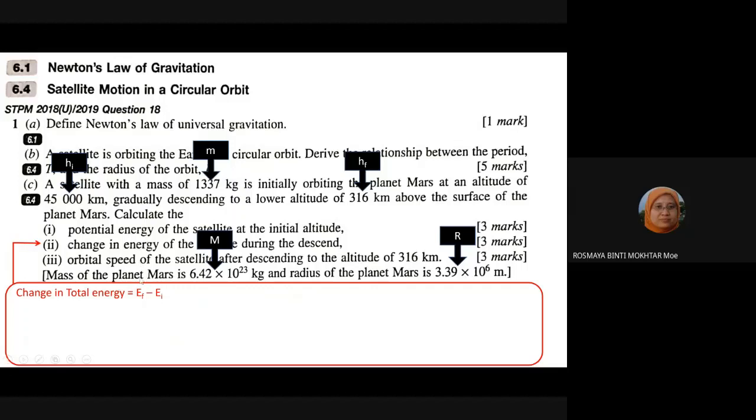So the change in energy will be total energy final minus total energy initial. So what is the equation for total energy? Can you remember or not? We've done it before. The total energy is negative GMm per 2r. So you substitute into here.